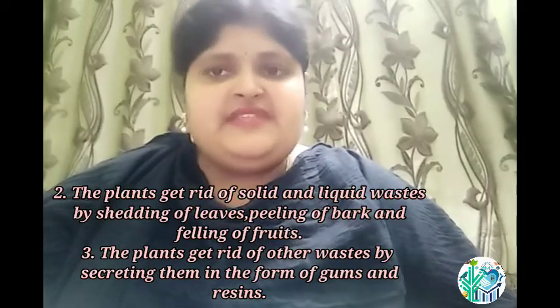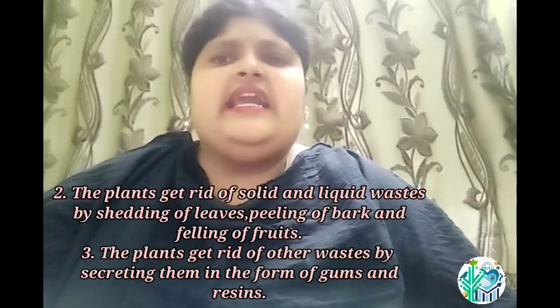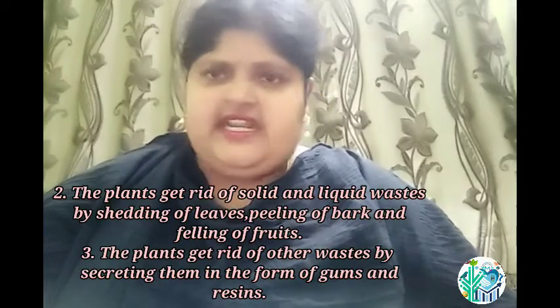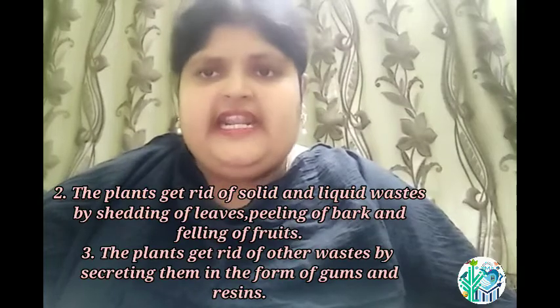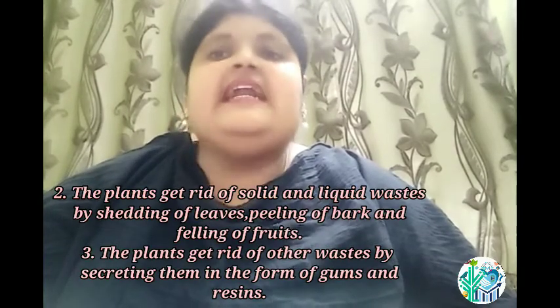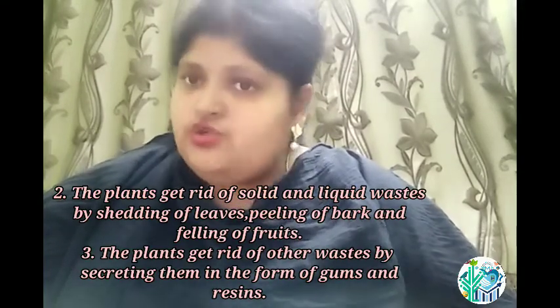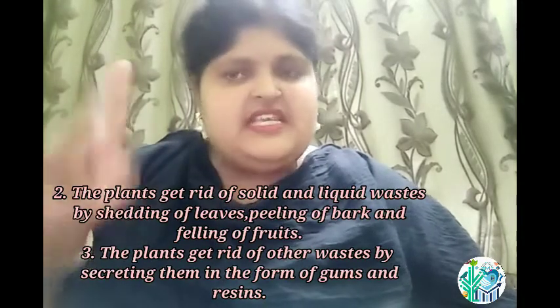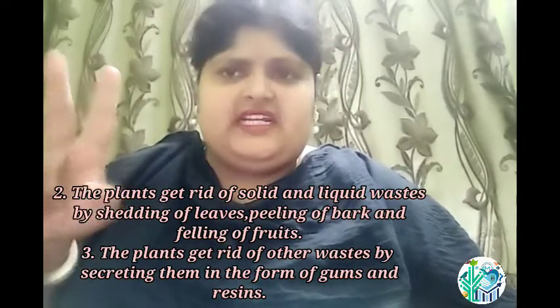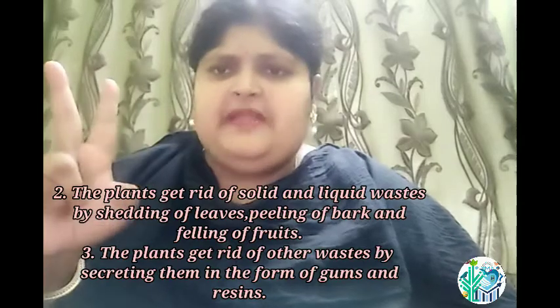Through stomata in leaves and lenticels in stem. Second, the plants get rid of solid and liquid waste through 3 methods. First is shedding of leaves. Second is peeling of bark.